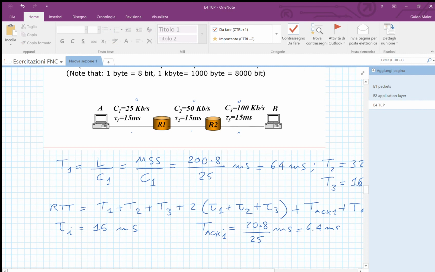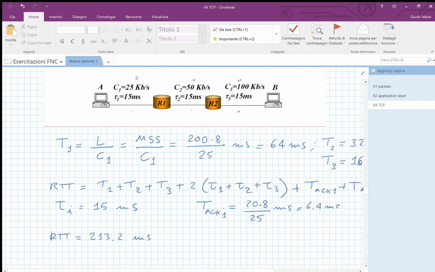Okay. And then you also know TACK 2 and TACK 3. I have already the final result, it should be correct. So the round trip time finally should be 213.2 milliseconds. Okay.